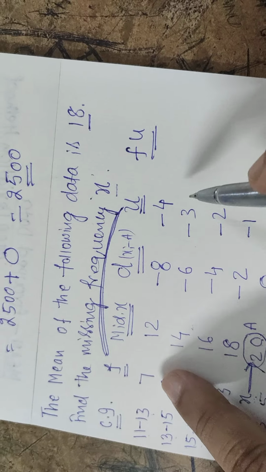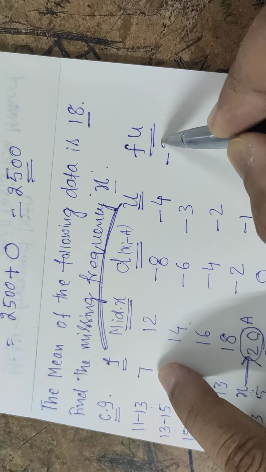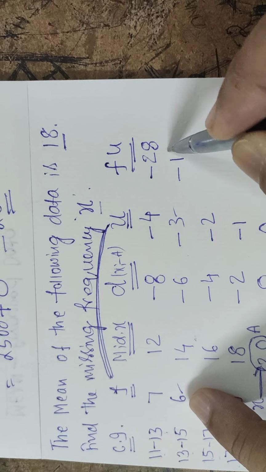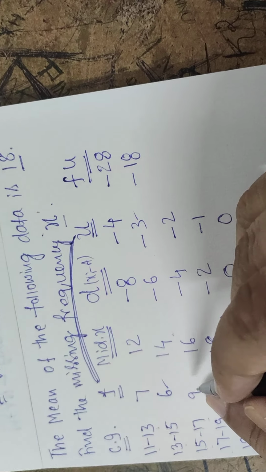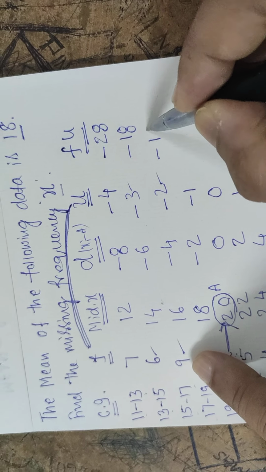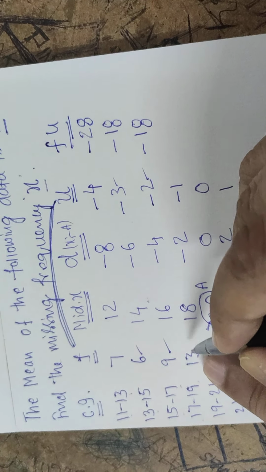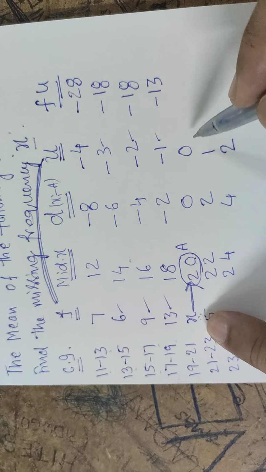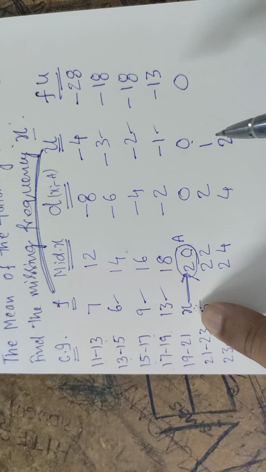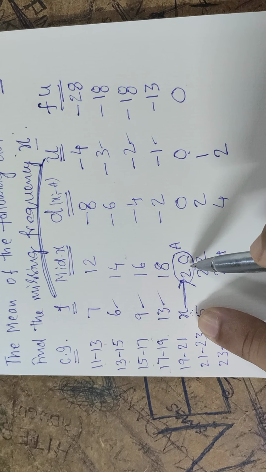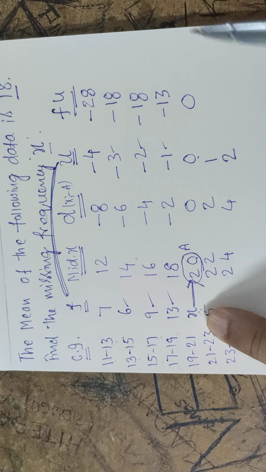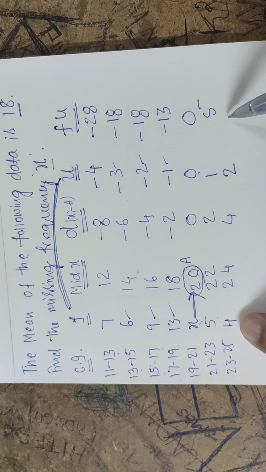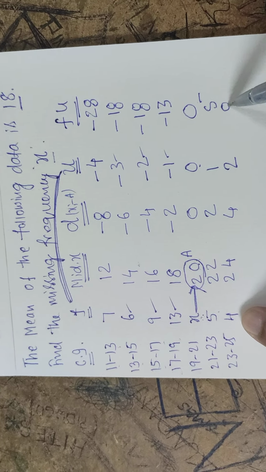See here, 7 into minus 4 is minus 28. 6 into minus 3 is minus 18. 9 into minus 2 is minus 18. 13 into minus 1 is minus 13. x into 0 is 0. Now you understand the logic why I told you: the x becomes nullified here. 5 into 1 is 5. 4 into 2 is 8.